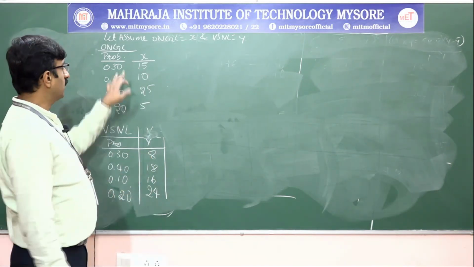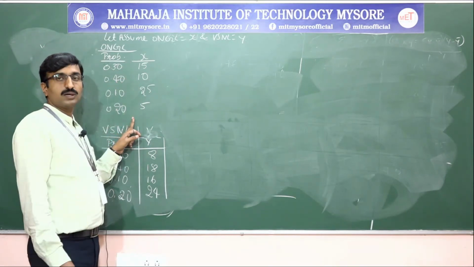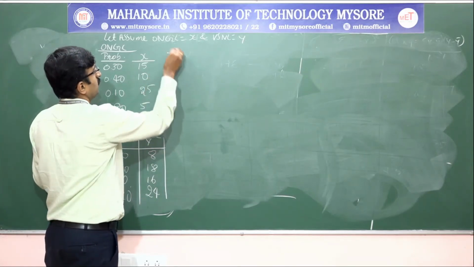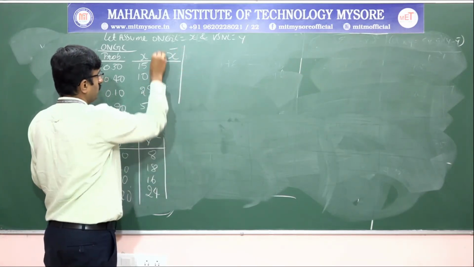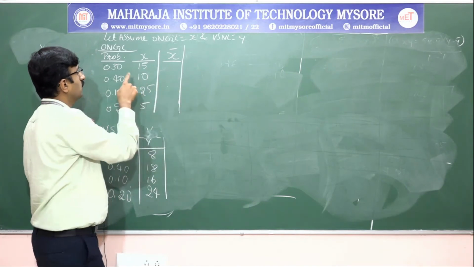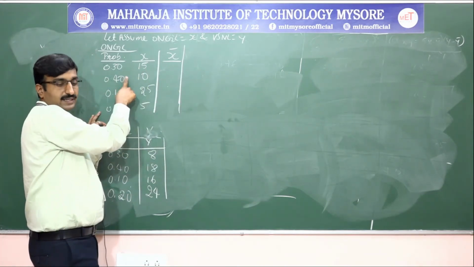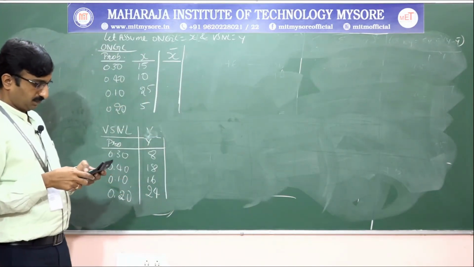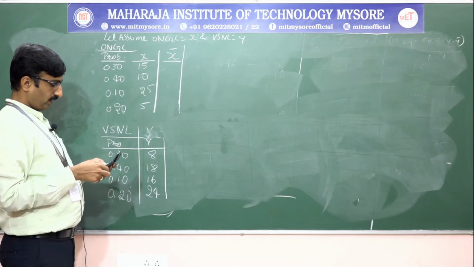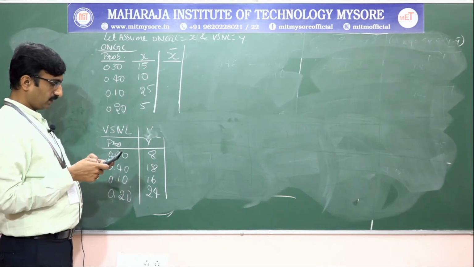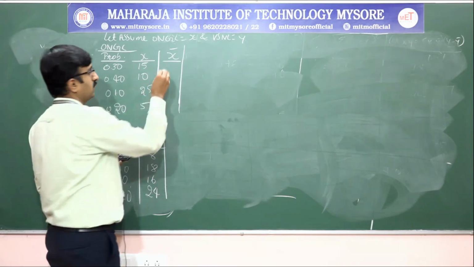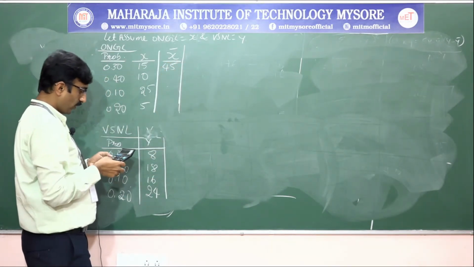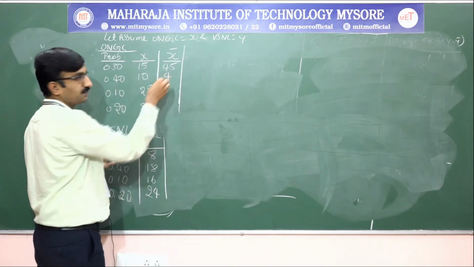So, first they have given the actual return, we have to find out the expected return. Okay, so we call it X bar. X bar is equal to X into probability. X into probability, you do it, you will get the value. 15 into 0.30, it is 4.5. Then 10 into 0.4, it is 4.